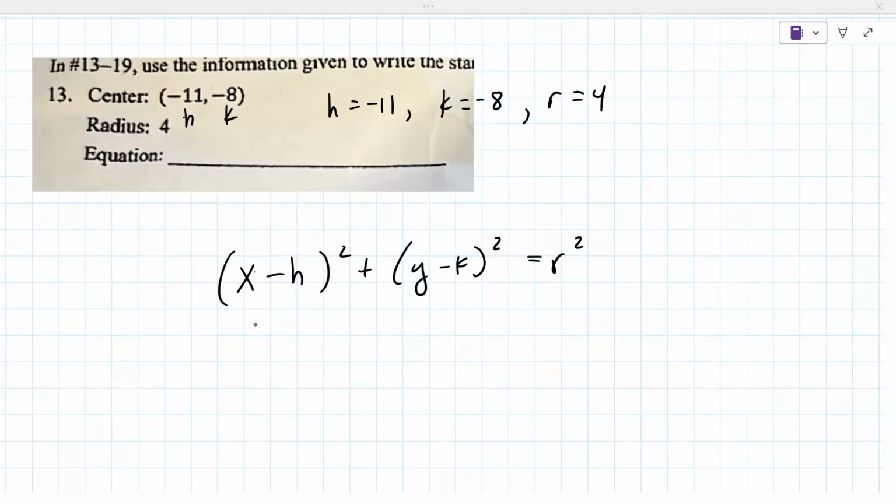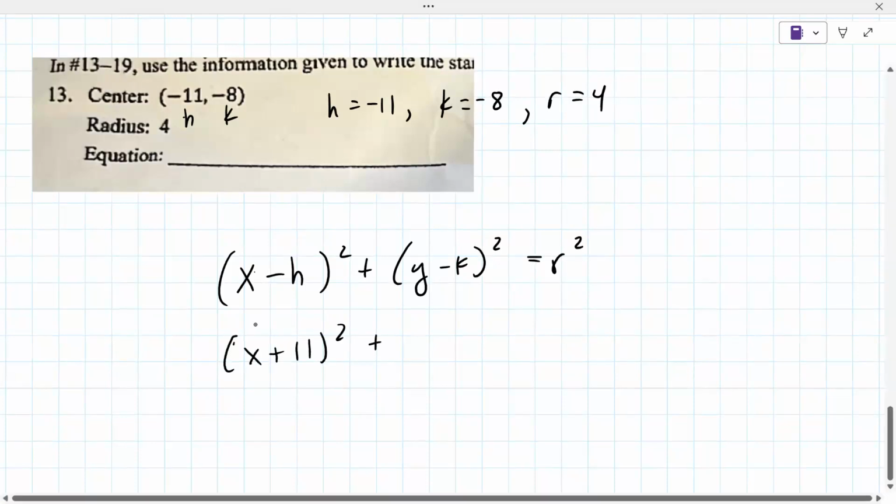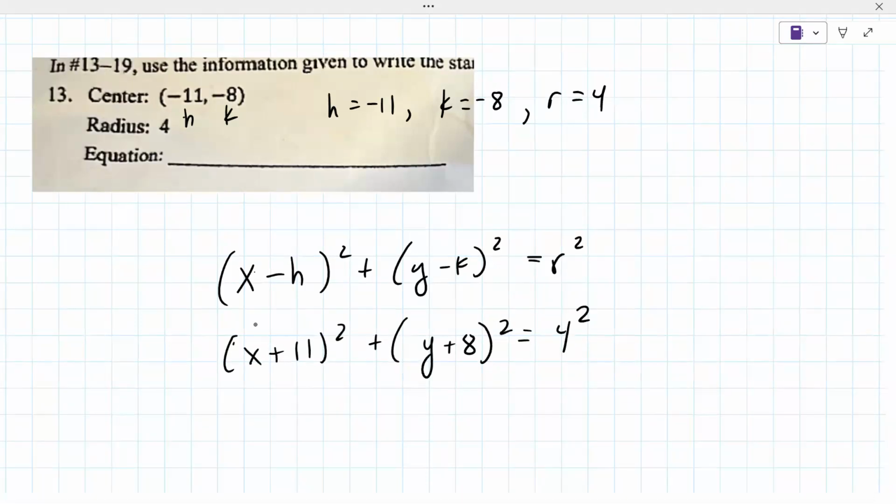It does. It becomes (x plus 11) squared plus (y plus 8) squared equals 4 squared. You should simplify that 4 squared into 16.